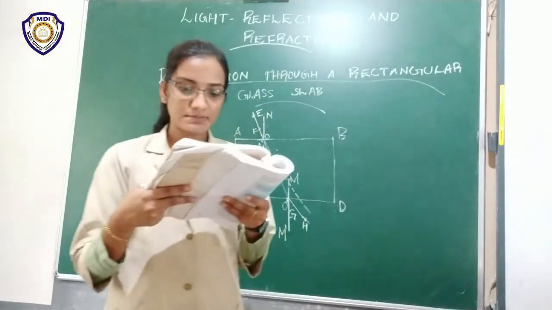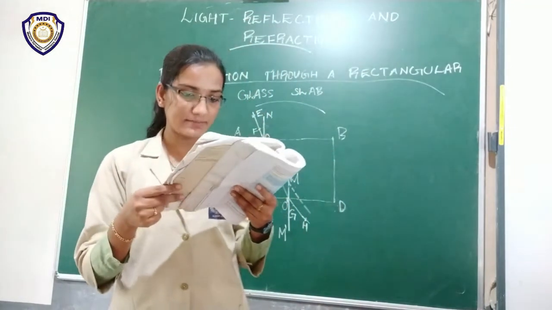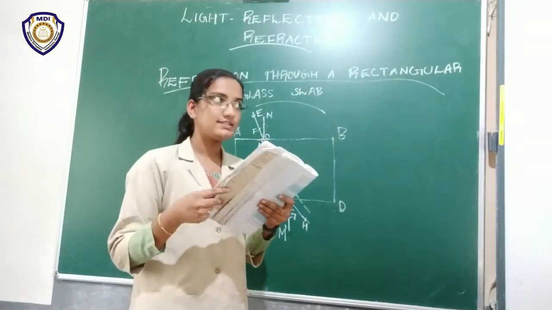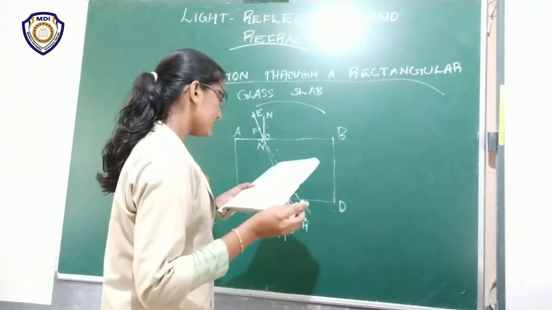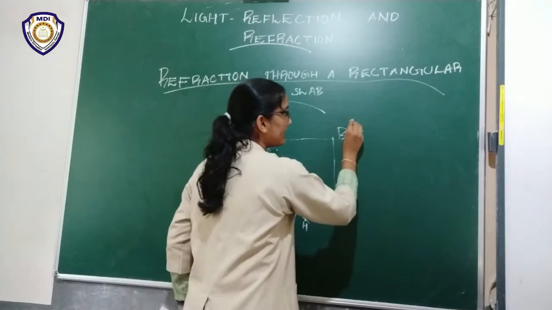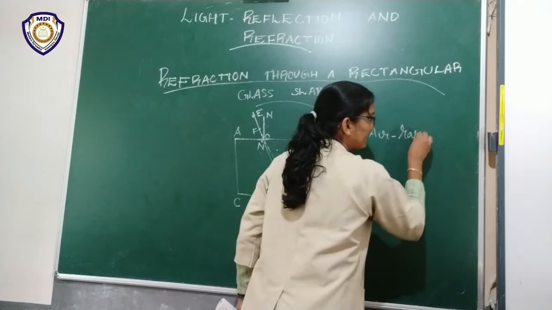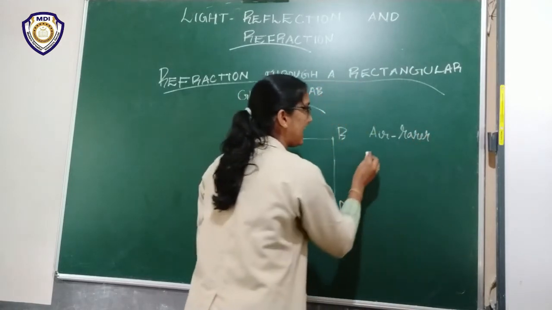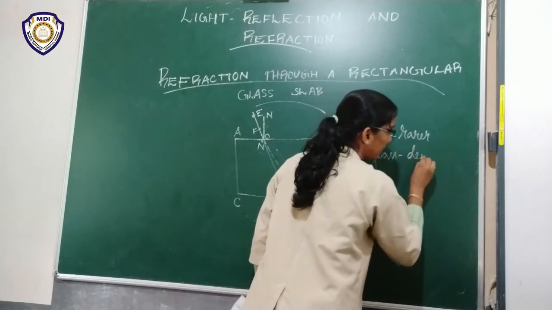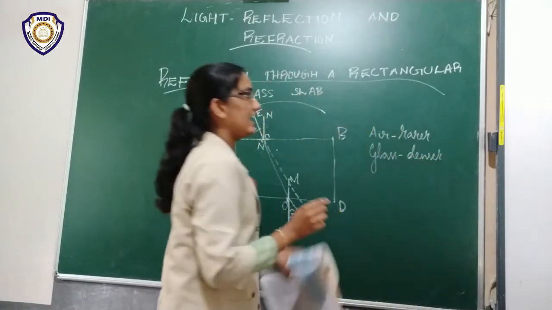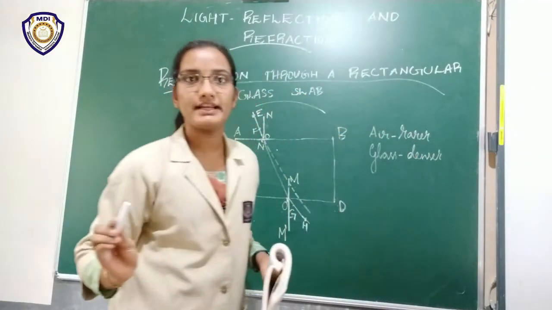The light ray at point O has entered from a rarer medium to a denser medium, that is from air to glass. Air is a rarer medium and glass is a denser medium.